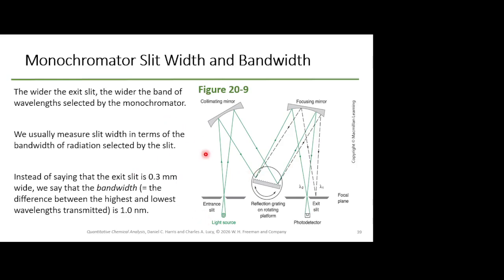Okay, so what can we do for these? Now, in terms of this exit slit here, if we increase the size of this exit slit, what is that going to do to us? Yep. So we're going to have a wider range of wavelengths that can go through, okay?